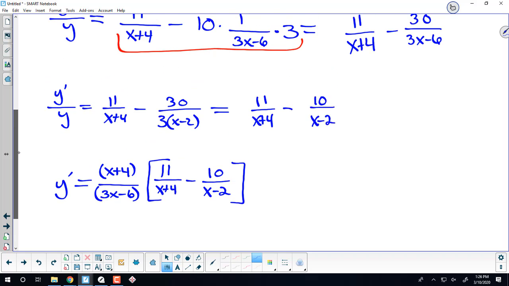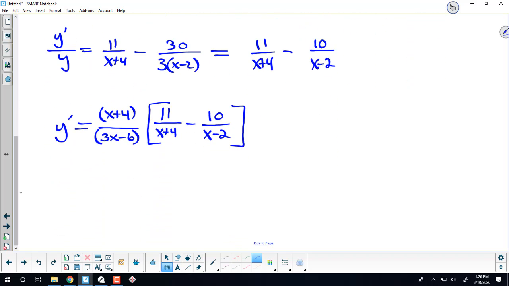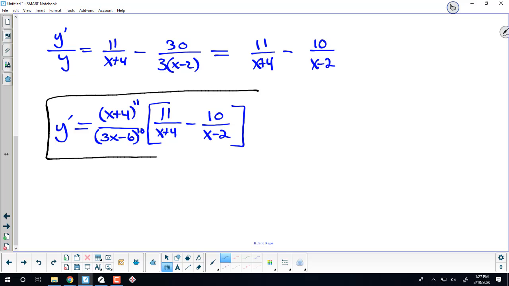Maybe we're able to do 11th and 10th. Yeah, 11th and 10th. So just leave it like that. Any questions on that?